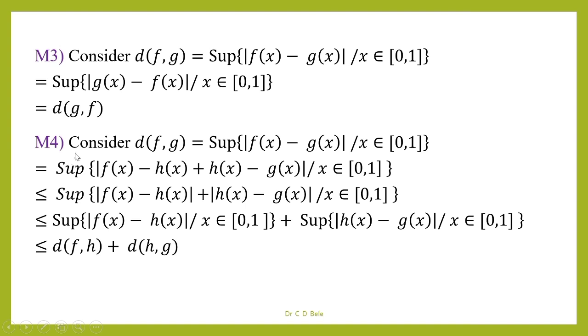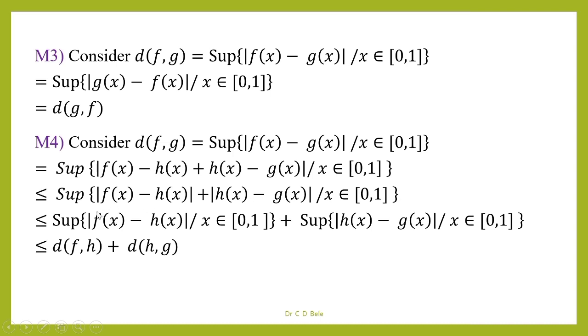Now next, consider d of f, g. By definition of d of f, g, this is the supremum of the set of all absolute values of f of x minus g of x such that x belongs to the closed interval 0 to 1. Now here add and subtract h of x, and then by the property of absolute value, this must be greater than or equal to the supremum of the absolute value of f of x minus h of x plus the absolute value of h of x minus g of x such that x belongs to the closed interval 0 to 1.